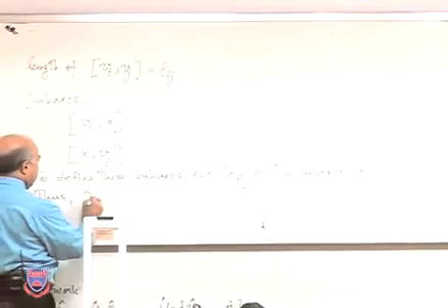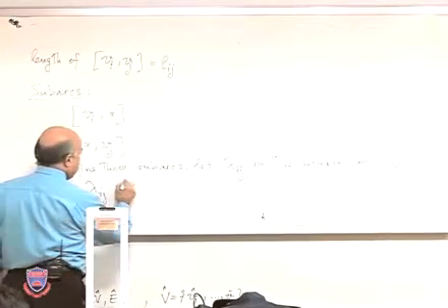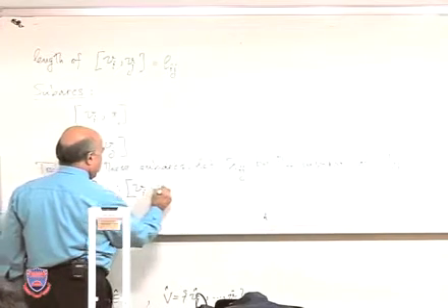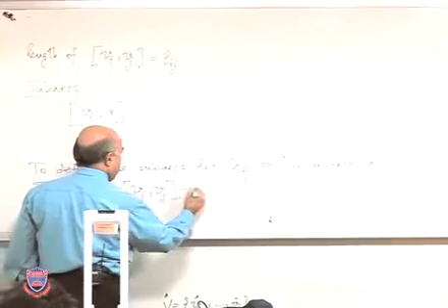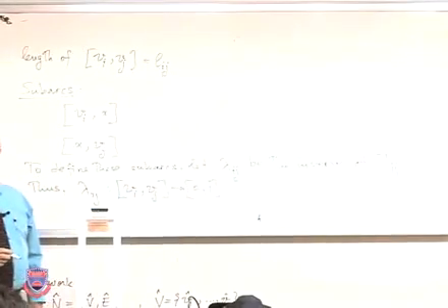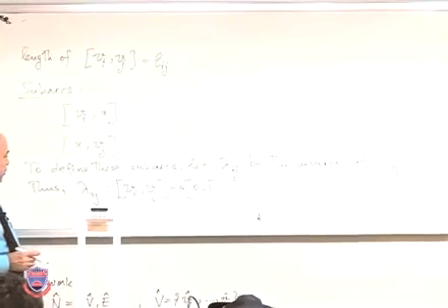Which means that lambda maps the arc with endpoints Vi, Vj into the unit interval. It's the inverse mapping, so the domain and the range are interchanged.